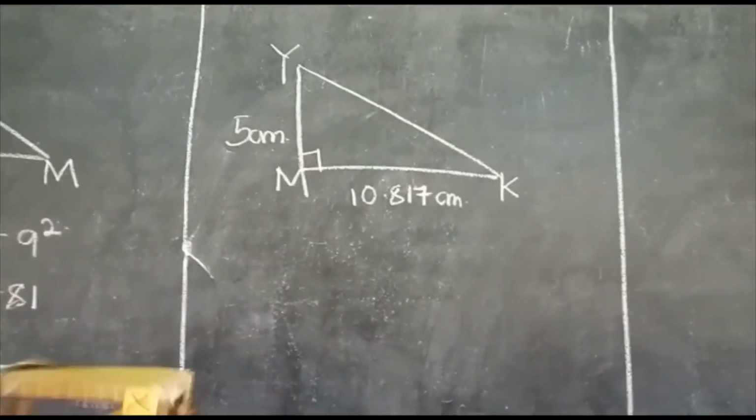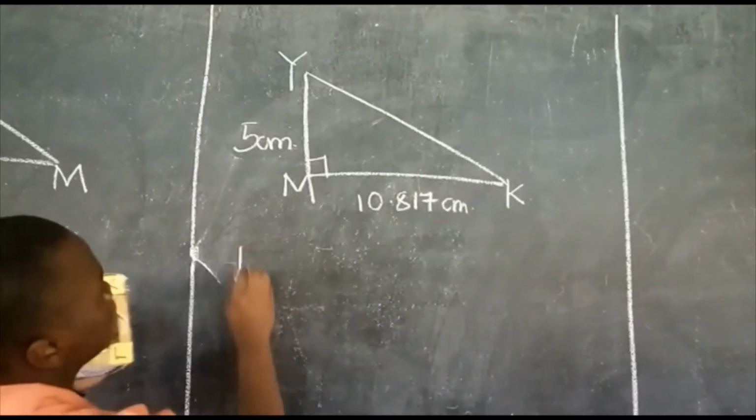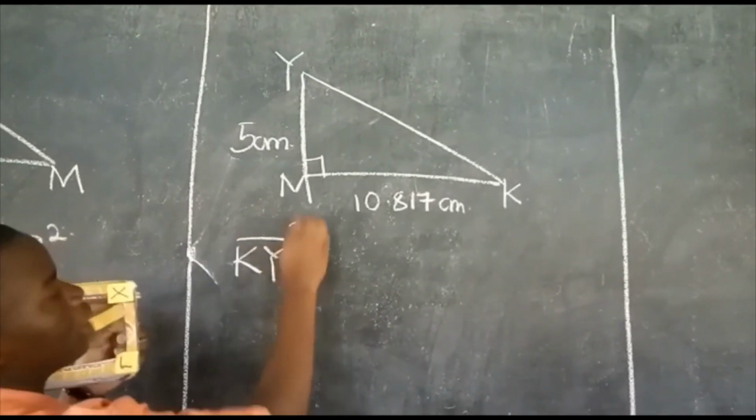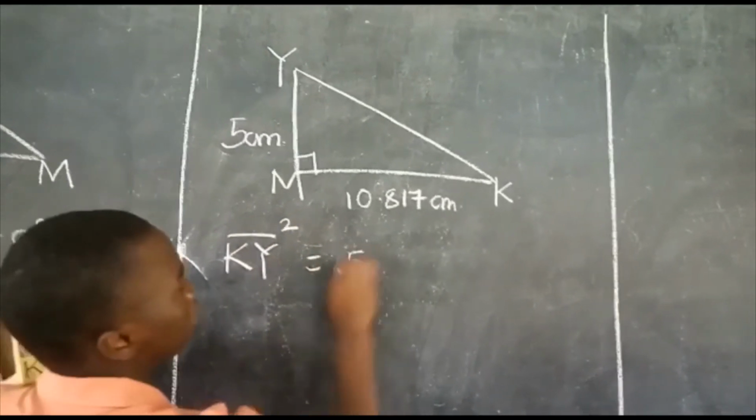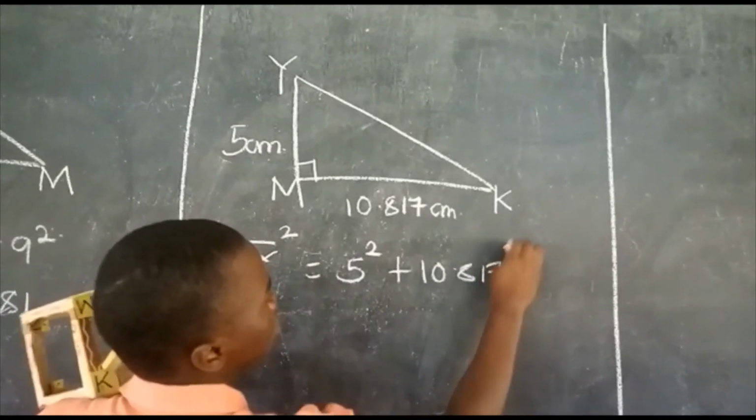For line KY, we shall use the Pythagoras theorem still. KY squared is equal to 5 squared plus 10.817 squared.